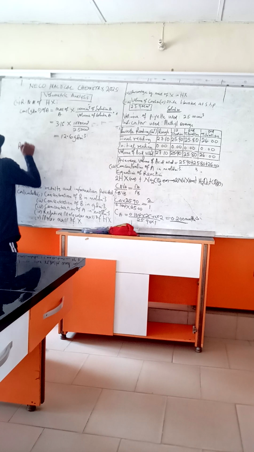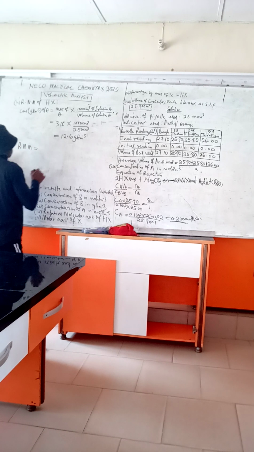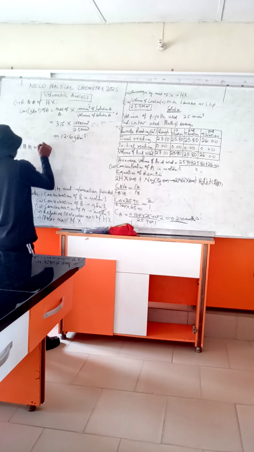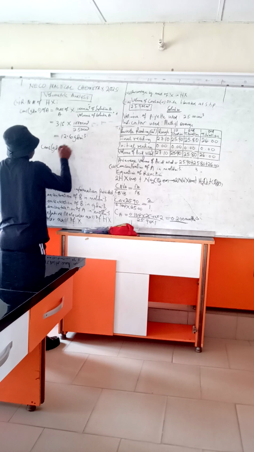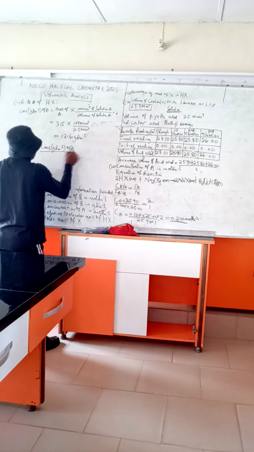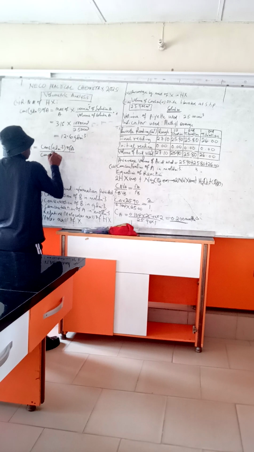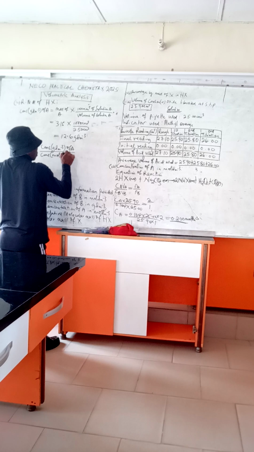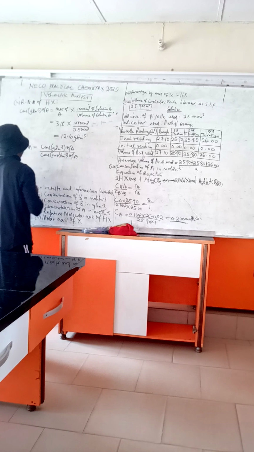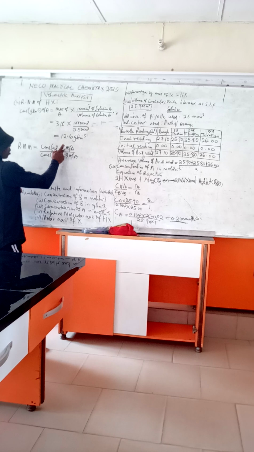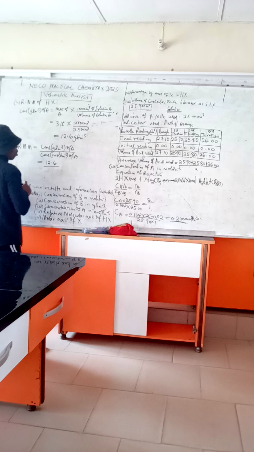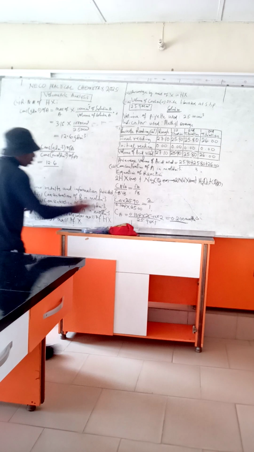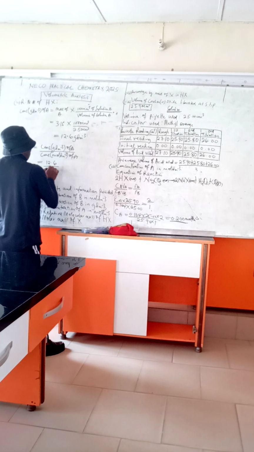Recall that the relative molecular mass is equal to the concentration in gram per cm³ of A all over the concentration in mole per cm³ of A. We have gotten the concentration in gram per cm³ of A to be 12.6, all over the concentration in mole per cm³ of A, which is what we got here as 0.200.